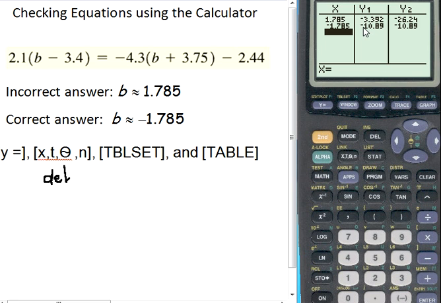And this is what a check looks like. When I put that number back into the left side and right side, it should make the 2 sides equal. And it does. The left side is -10 and 89 hundredths, and so is the right side. Now these were approximate answers because I rounded off. Sometimes when you round off, they don't look this equal.